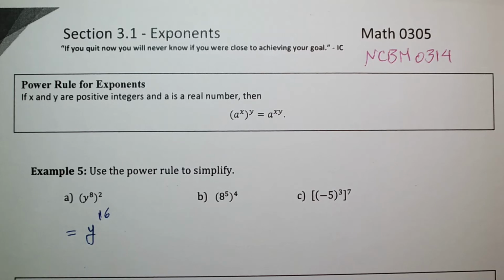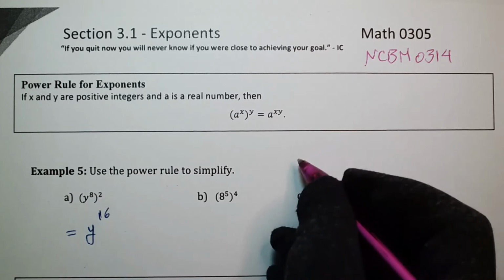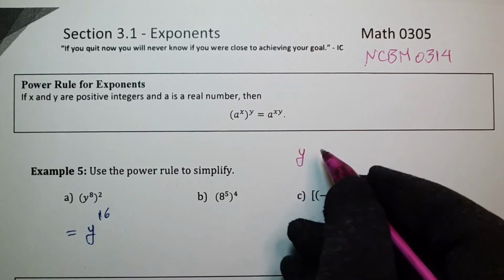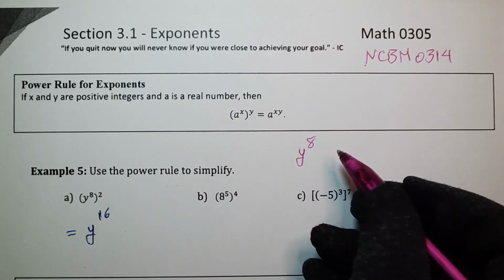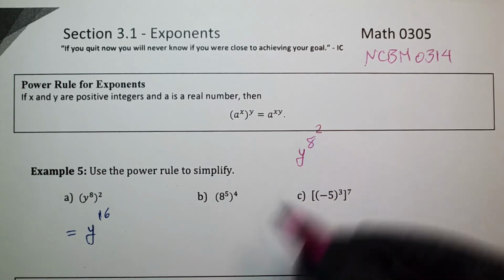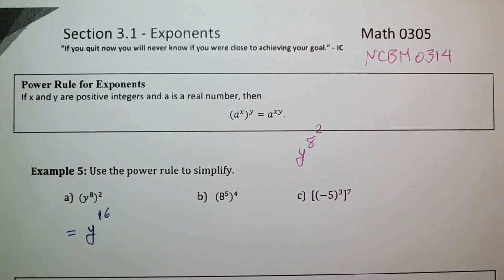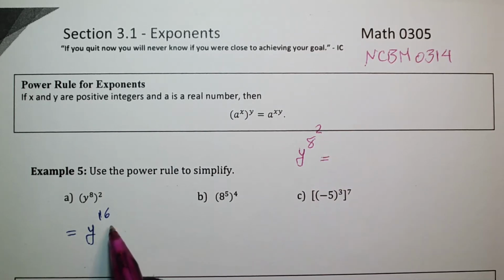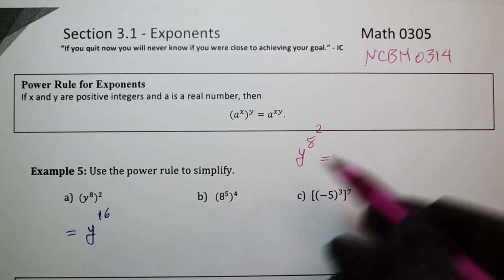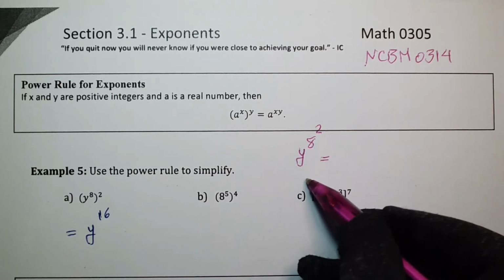I would like to mention a note here. The same example, y to the power of 8 to the power of 2. If we get rid of the parentheses, we have y to the power of 8 to the power of 2. In this form, the answer is no longer y to the power of 16, because we don't have parentheses here.